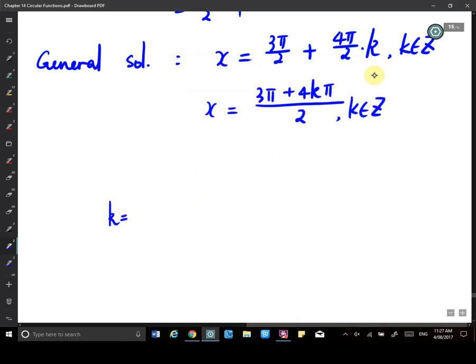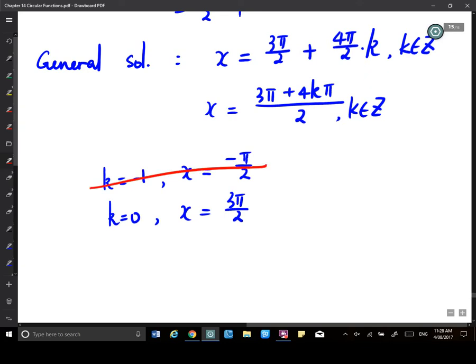When k is 0, x is just 3 pi over 2. When k is negative 1, x will be negative pi on 2. But what you need is a positive solution, 0 to 4 pi, so it can't have that one.